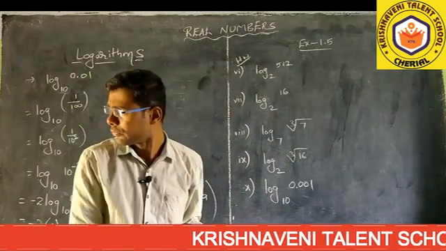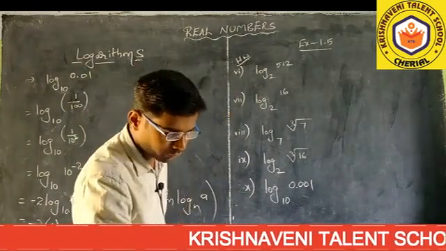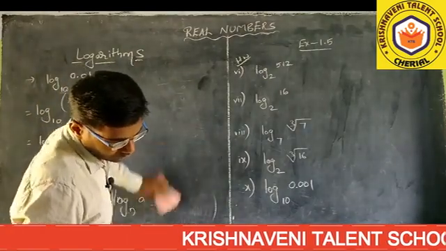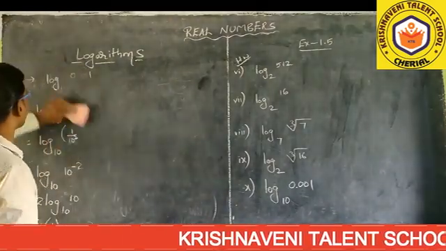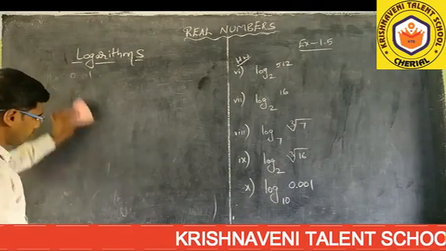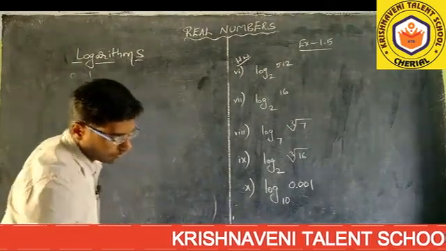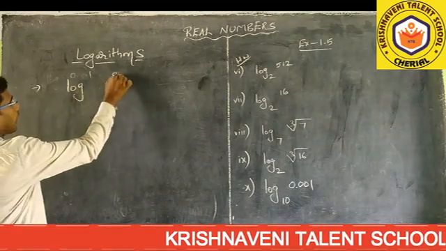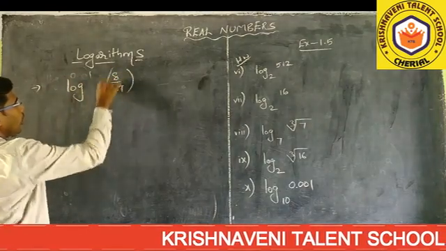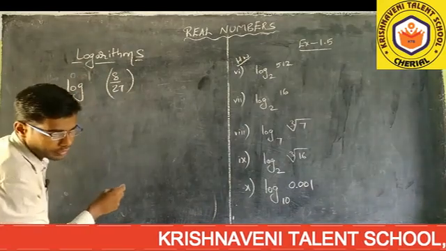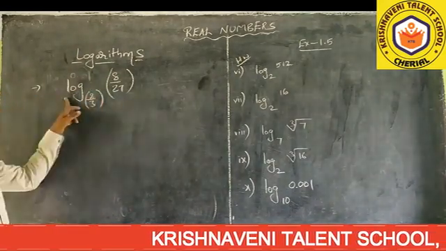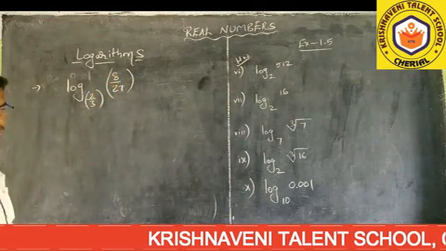Now next, another one, the 8th one, that is log 8 by 27 to the base 2 by 3. Log 8 by 27 to the base 2 by 3.